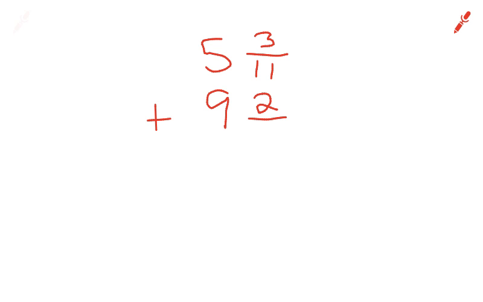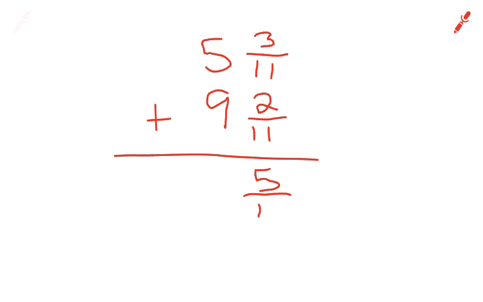D, we have 5 3/11 plus 9 2/11. Let's do the fraction part first. Add them up. 3 plus 2, we get 5.